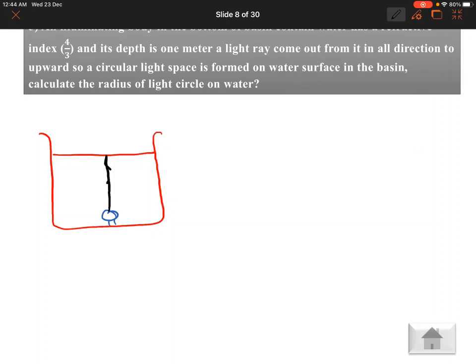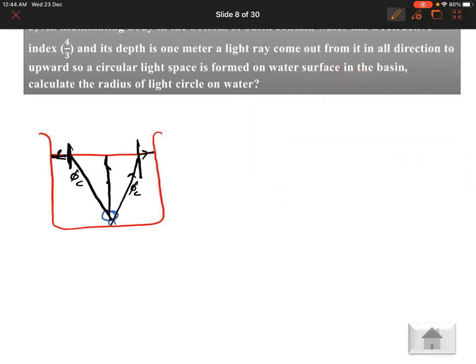This is a light ray, and another light ray comes out this way. The last light ray makes the critical angle, phi c. This is the grazing ray. Okay, this is phi c, and this is the grazing ray.